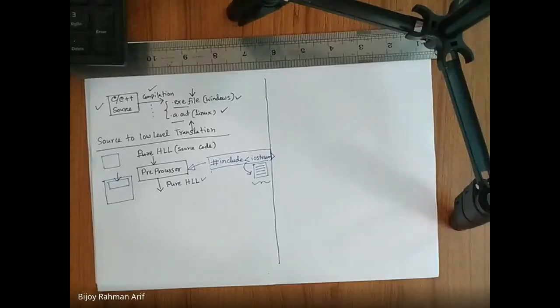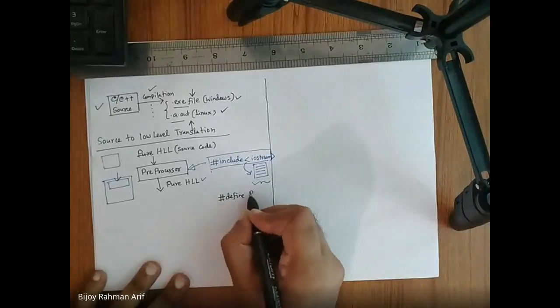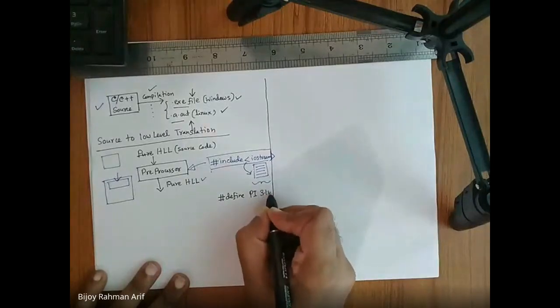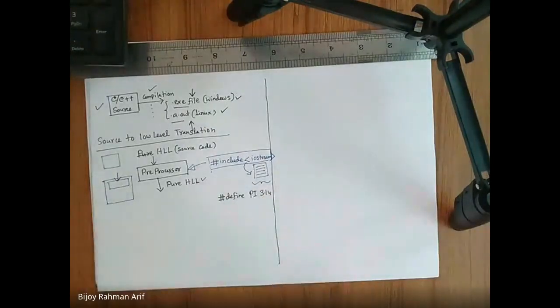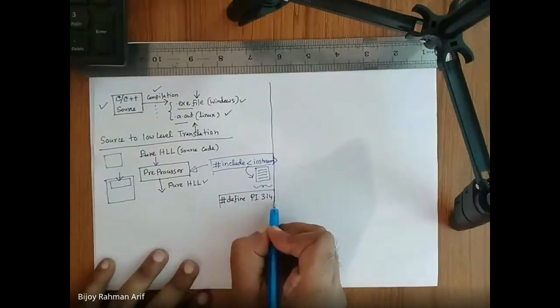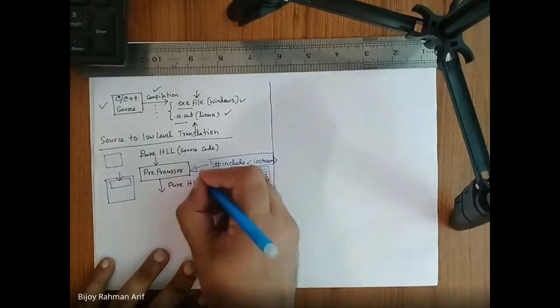Oh, wonderful, fantastic. So preprocessor macro. Whenever we use define pi equal to 3.14, whenever the code gets this keyword pi, it is actually replaced by 3.14. That is also another task of preprocessor macro.